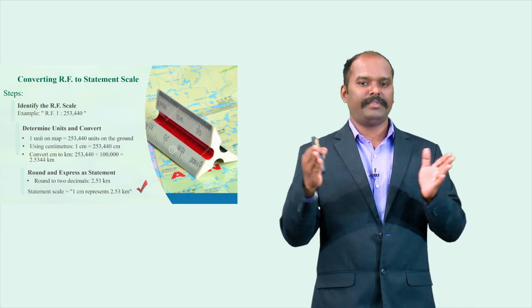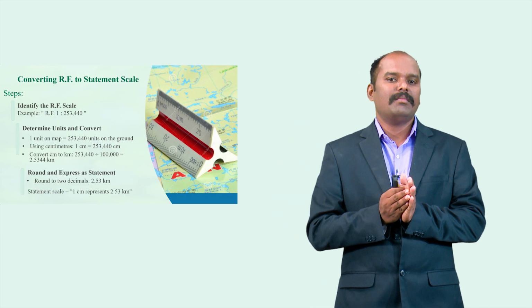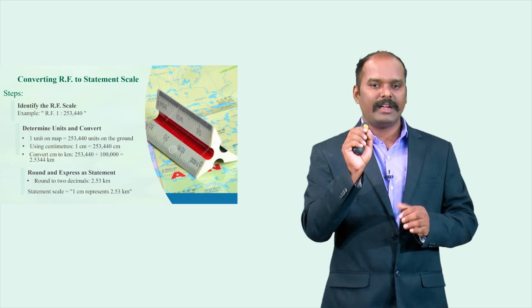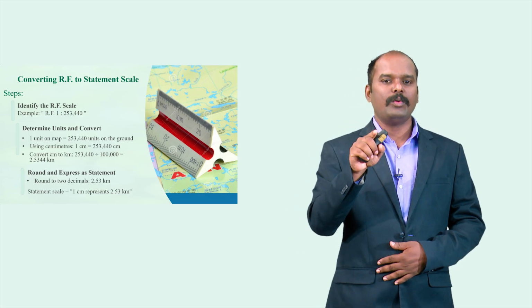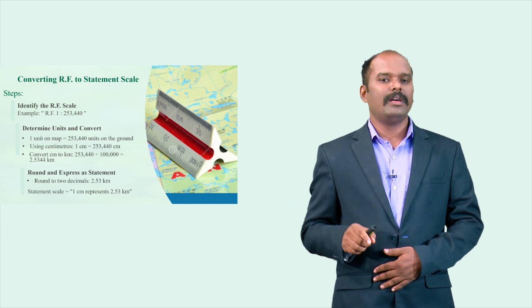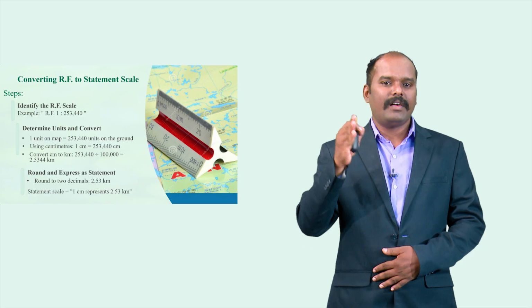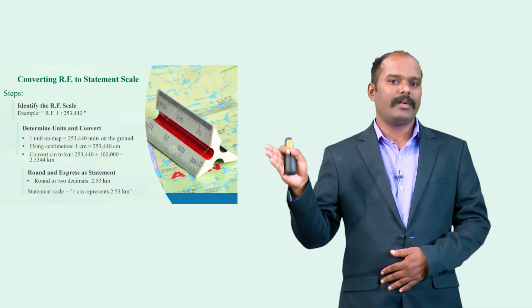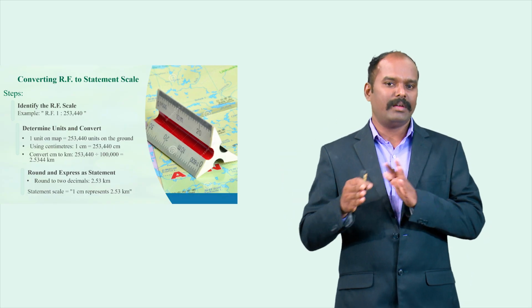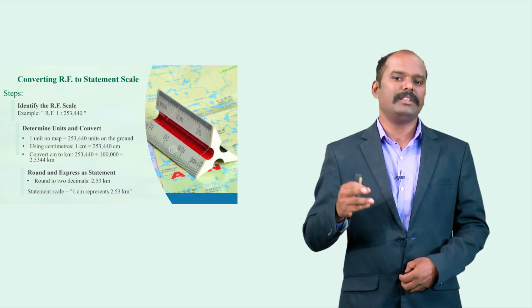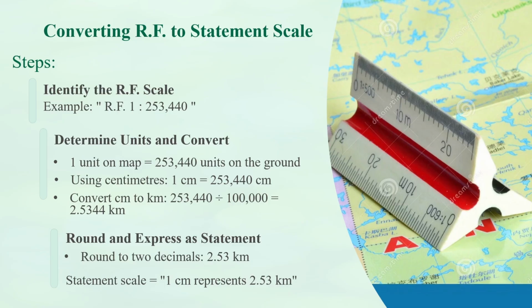We should round off. When we get more than 2 digits after the dot, for example 2.5344, we can remove the digits after the first 2 decimals, so we round off to 2 decimals. Finally, we can write 1 centimeter represents 2.53 kilometer.